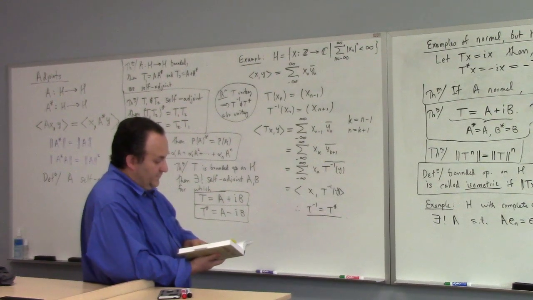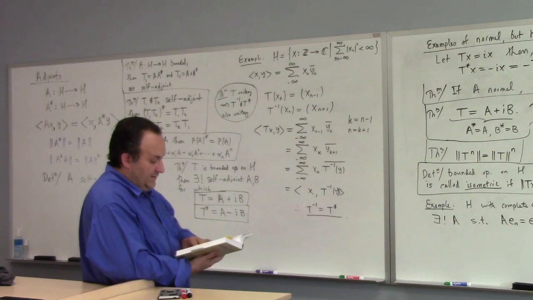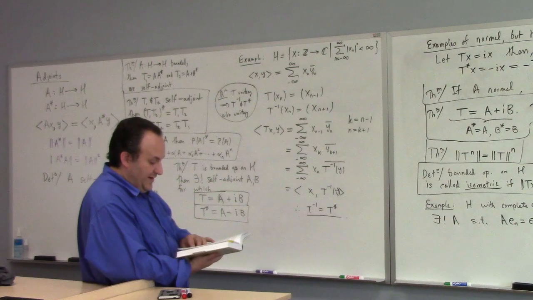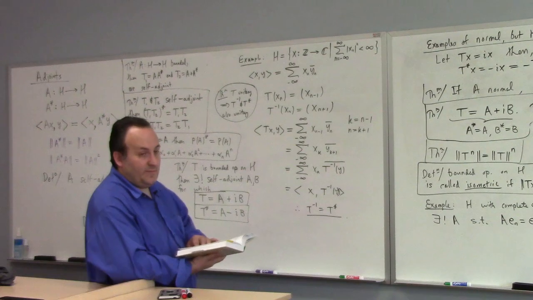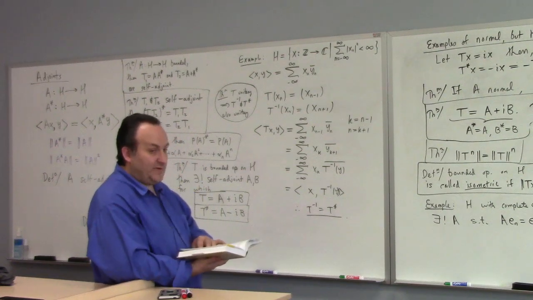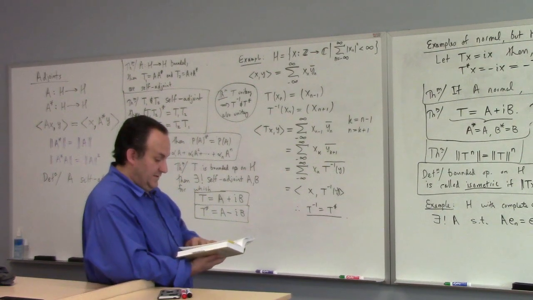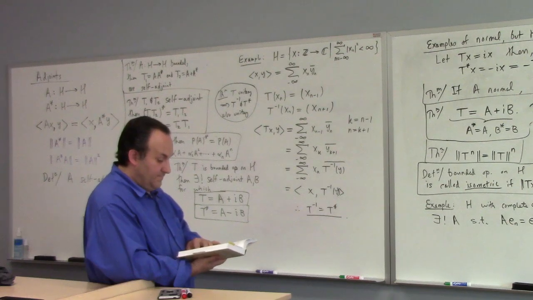He's got some nice theorems in this section, like the collection of all compact operators on a Hilbert space is a vector space, or if A is a compact operator and B is a bounded operator on H, then AB and BA are compact. So the product of a compact operator and a bounded operator is compact, either way, AB or BA.